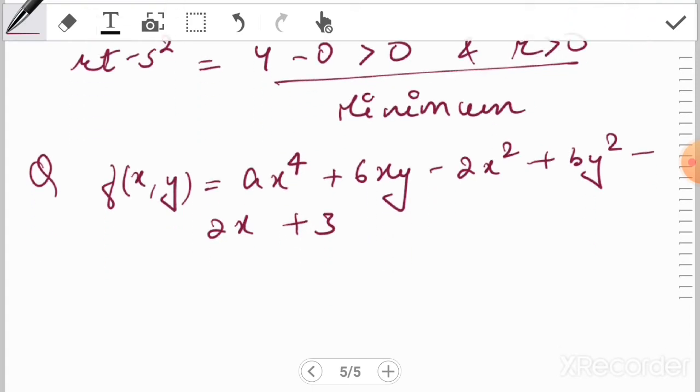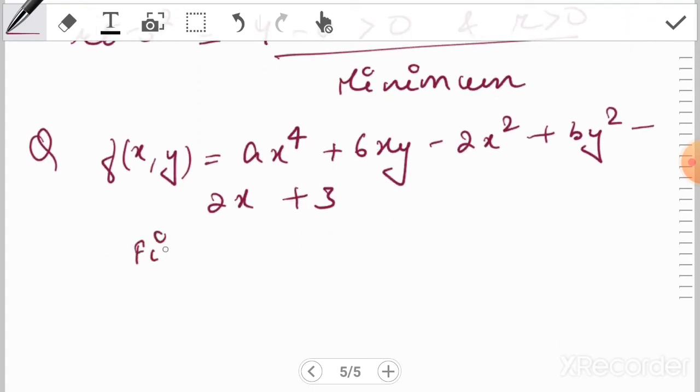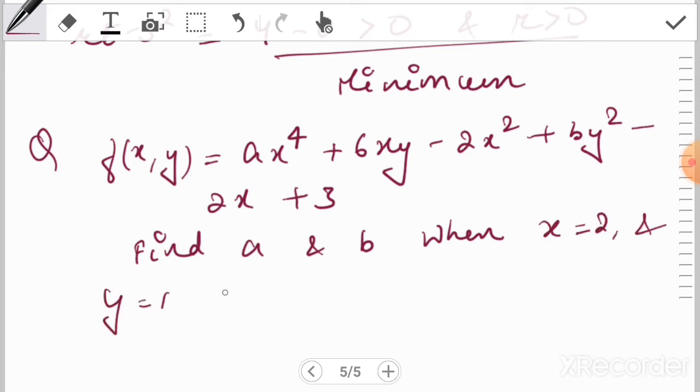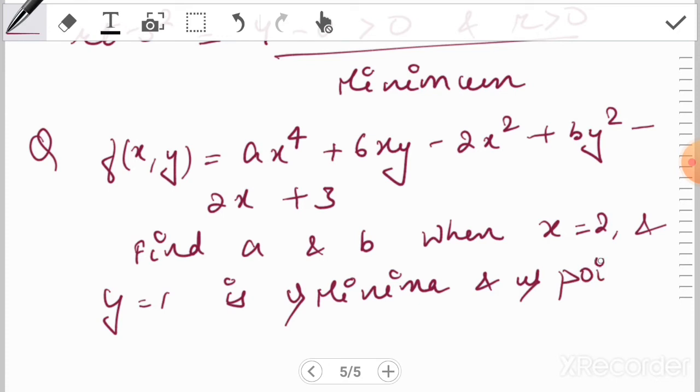Find a and b when x is equal to 2 and y is equal to 1 is a minima and a point of inflection or saddle point.